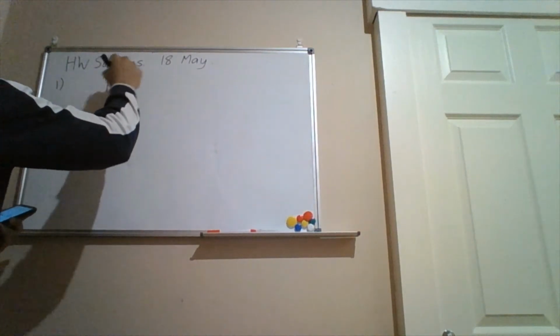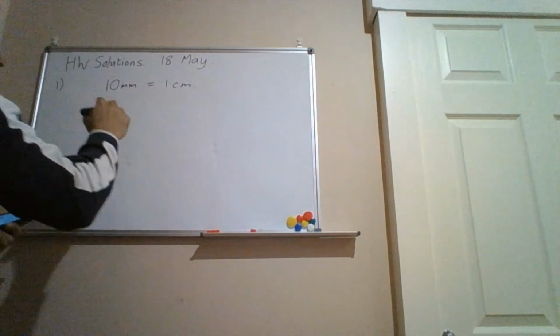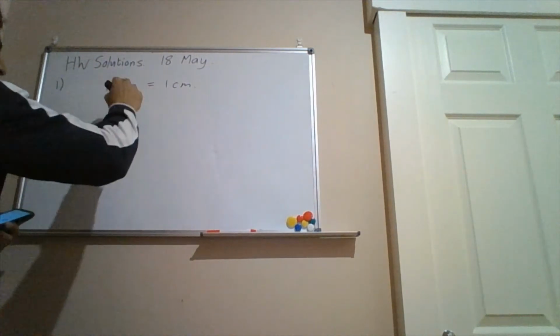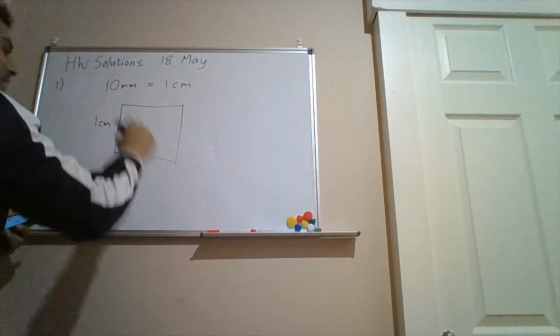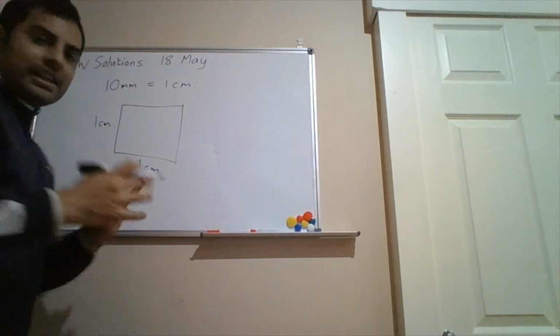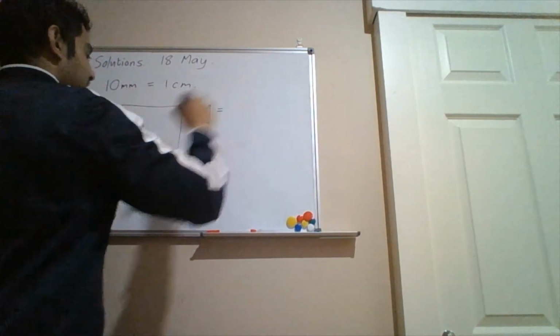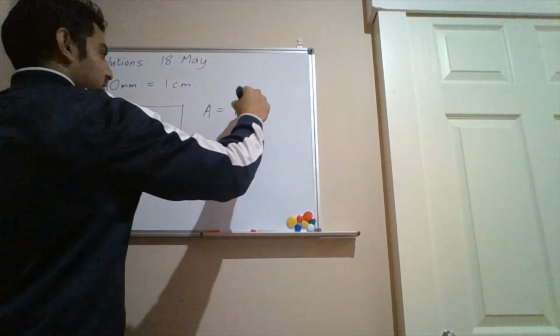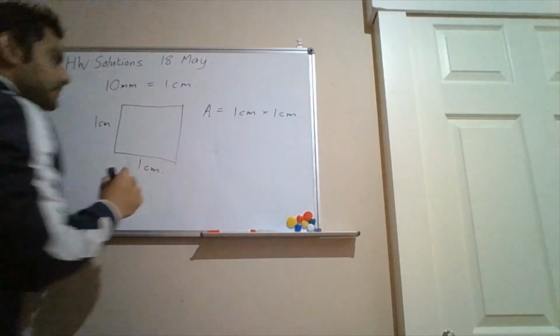Firstly, we've got 10 millimeters in 1 centimeter. And then if we have this 1 centimeter by 1 centimeter block, we can say our area for a square is 1 centimeter times 1 centimeter.